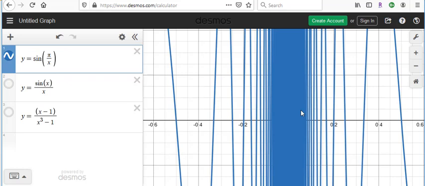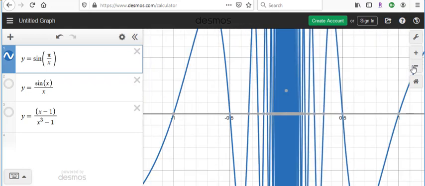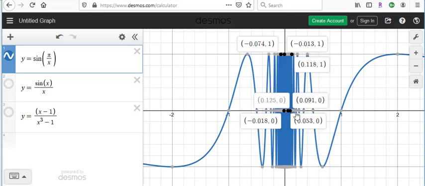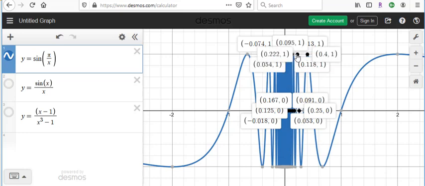And the thing is that for any integer value here, we're going to get 0 when we do that. So we are just happening to pick points along here that are 0, but we could have just as easily picked points that were always going to be 1 as we get closer.